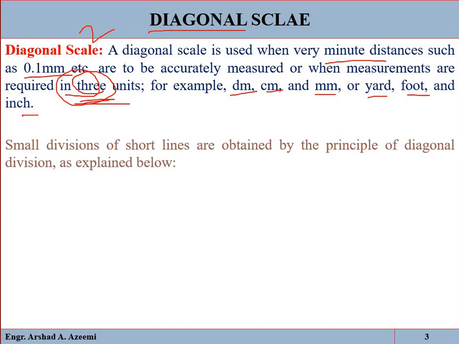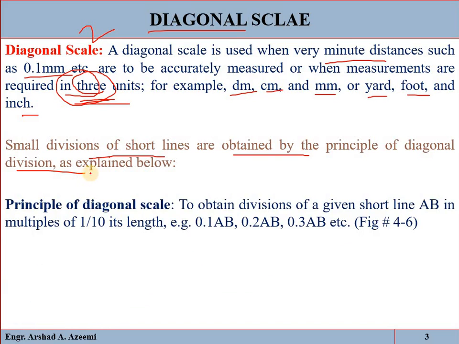Small divisions of a short line are obtained by the principle of diagonal divisions. We have a principle through which we can divide a short line into different parts. The principle of the diagonal scale is to obtain divisions of a given short line AB in multiples of 1/10. For example, if we have a short line AB, we graphically divide this line into 10 equal parts.